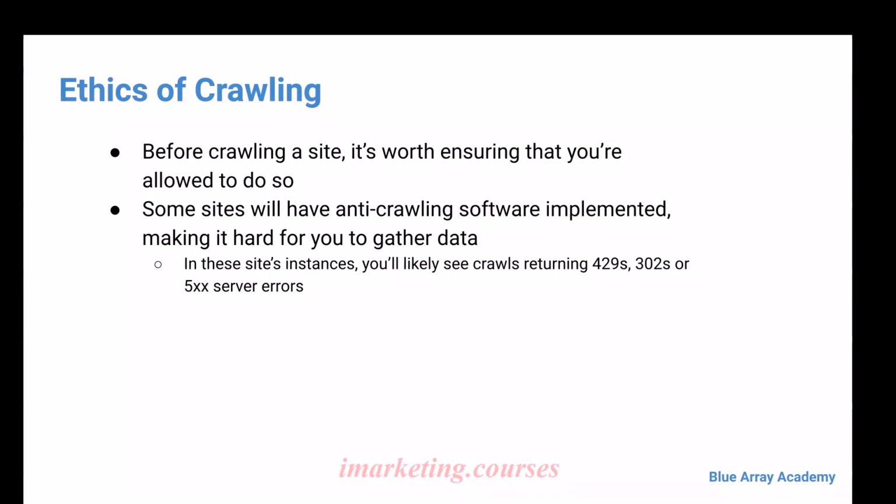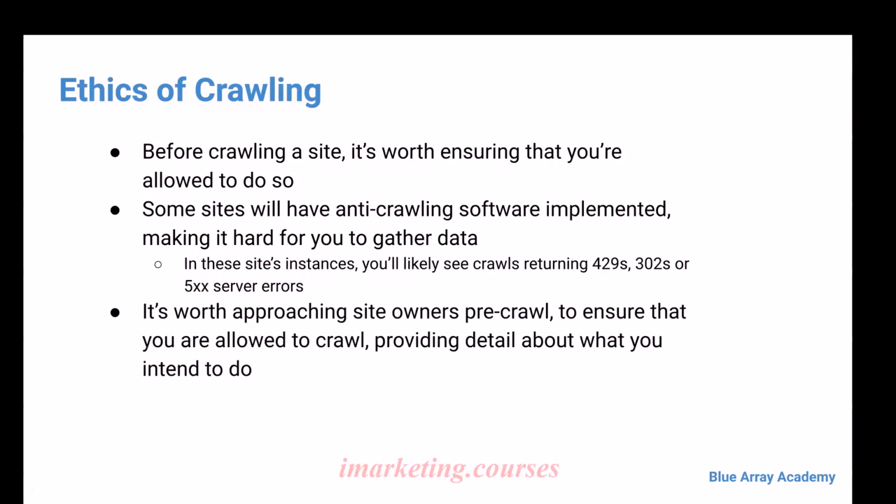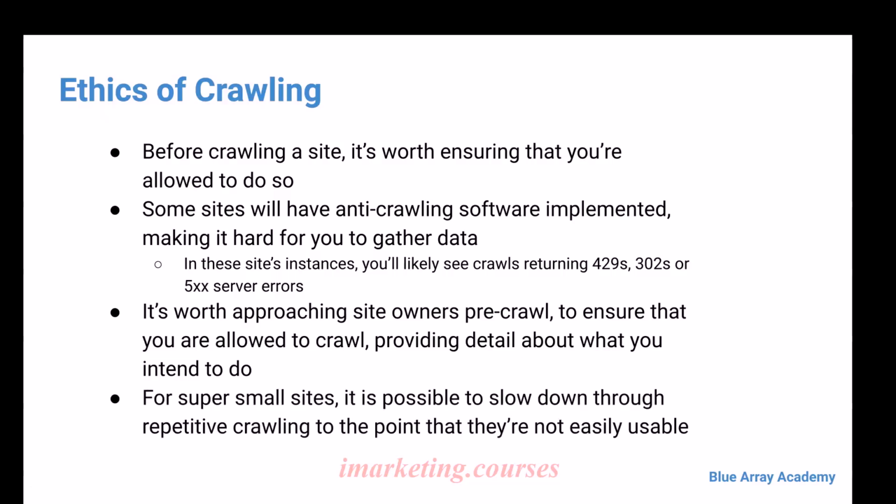You can then open these URLs in the browser and you should see different status codes to what you see in the crawl. It's worth approaching site owners or webmasters pre-crawl to ensure that you're actually allowed to do so, providing detail about what you intend to do. For super small sites, for example, it's actually possible to slow down through repetitive crawling to the point that they're not easily usable, especially if they're not using great hosting options.